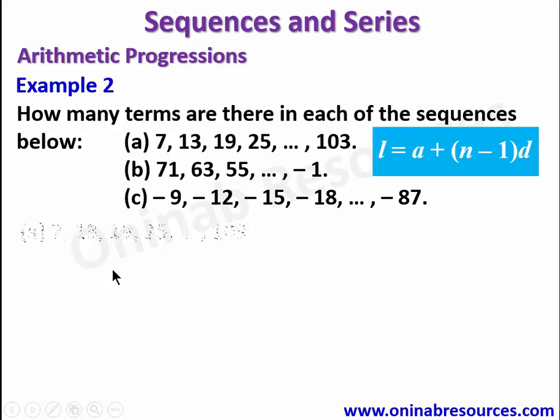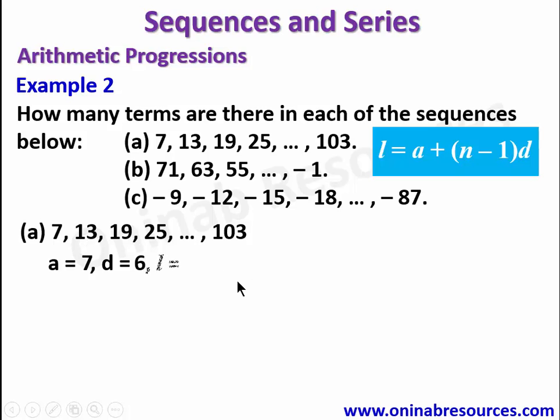So we start from A. We need to bring out everything we have in the formula from the question. So we have a equal to 7, and our d is equal to 6. We have told you initially that 13 minus 7 gives 6, or 19 minus 13 gives 6, and so on.